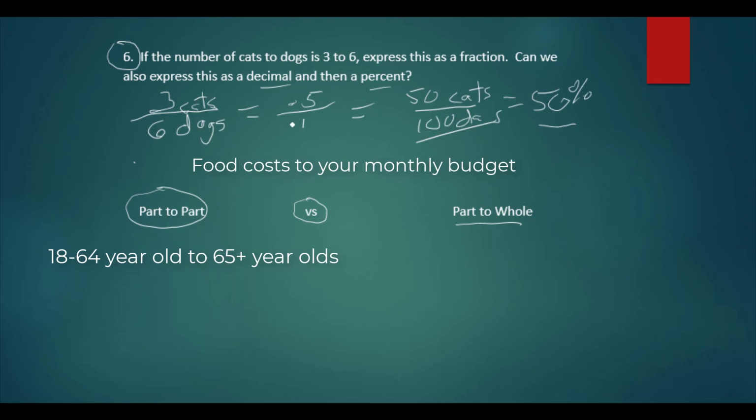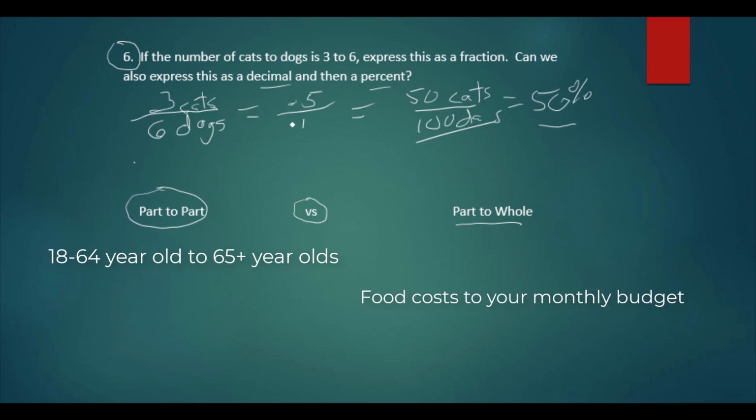Is that part to part or part to whole? Hopefully you guessed that one correct. Now the first one we did, cats to total animals, that's part to whole. But the one we just did, cats to dogs, that's part to part. And it's good to know the difference between the two.